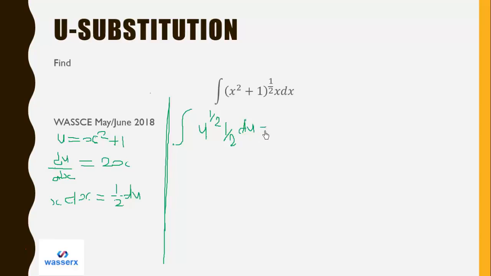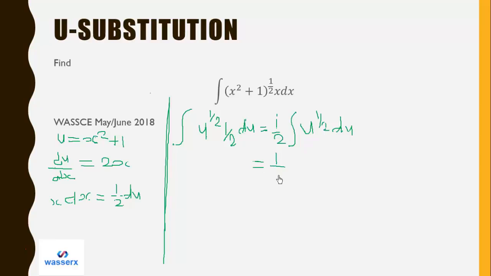So this is the same as 1 over 2 times the integral of u to the power 1 over 2 du. So you can see that this has now become a direct integration.